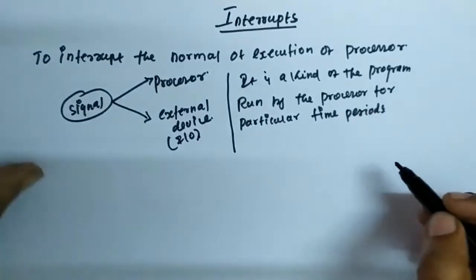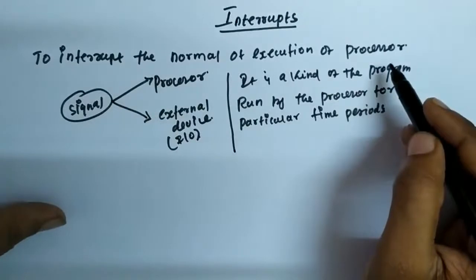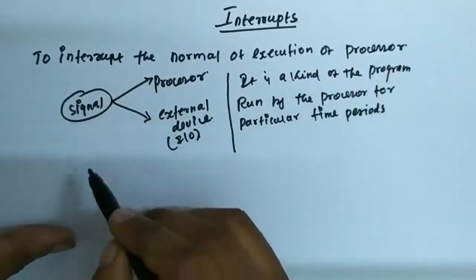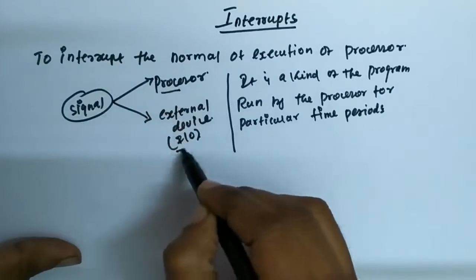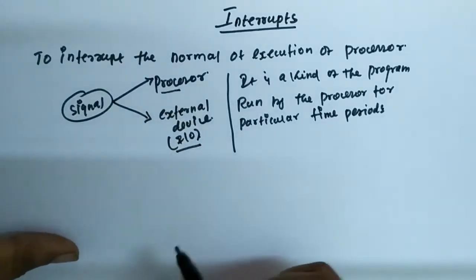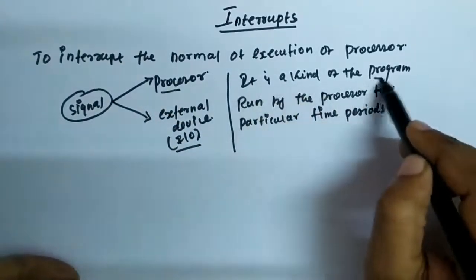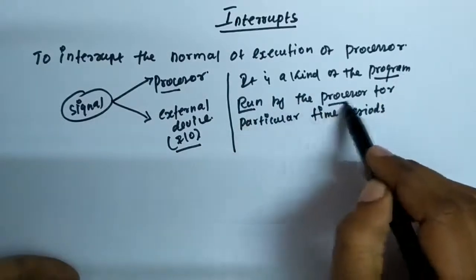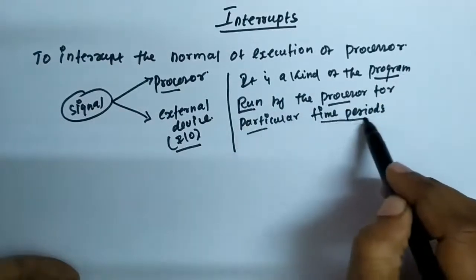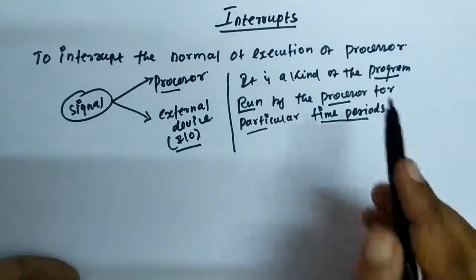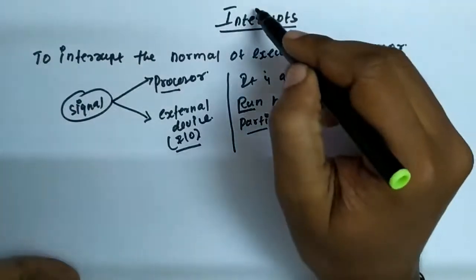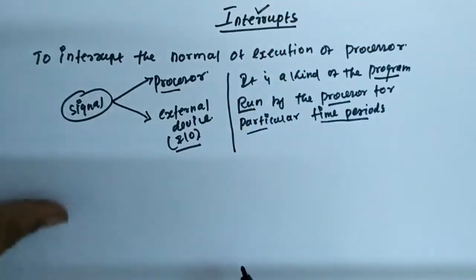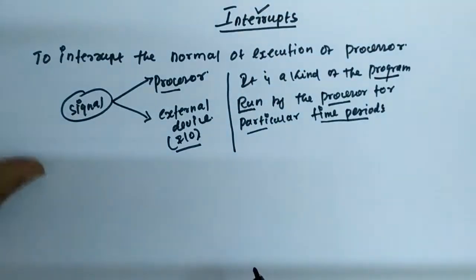So an interrupt interrupts the normal execution of the processor. It is nothing but a signal. It can be generated by the processor side or by input output external devices. It is a kind of program run by the processor for a particular time period. The time period of the program depends on what type of interrupt the processor is currently executing.